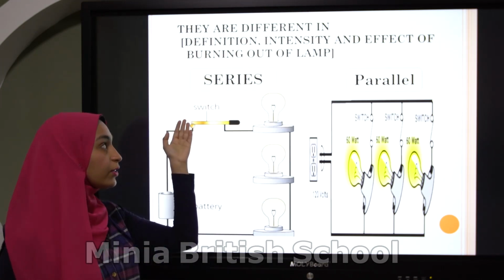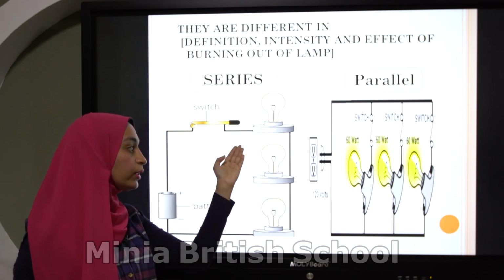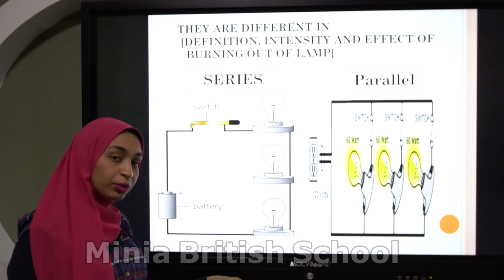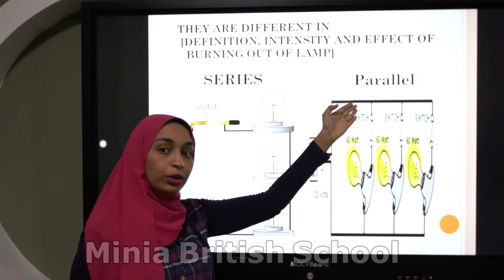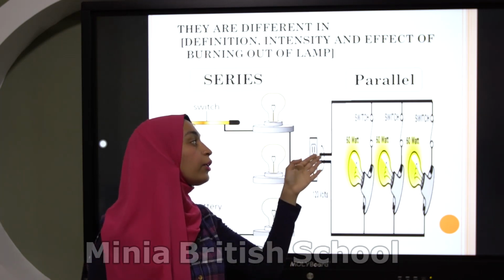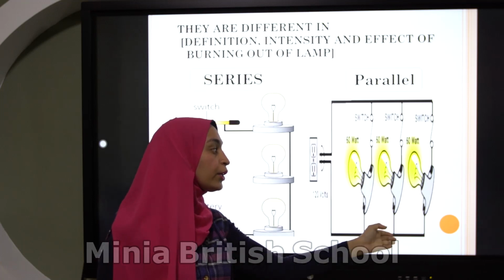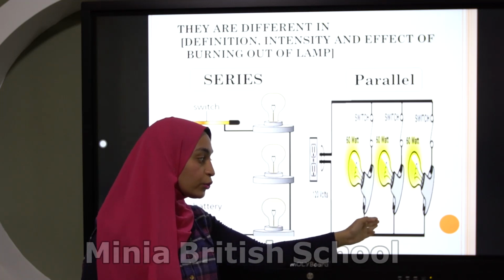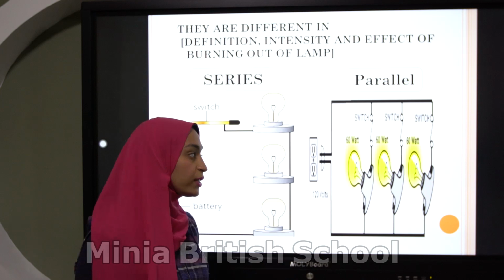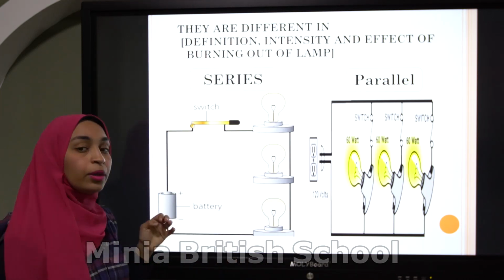We said in a series it's a way of connection in which the lamps are connected one after one in one route. But in a parallel connection, it's a way of connection in which the light bulbs are connected in branching routes. 1, 2, 3. We have many routes here, but here we have only one route.